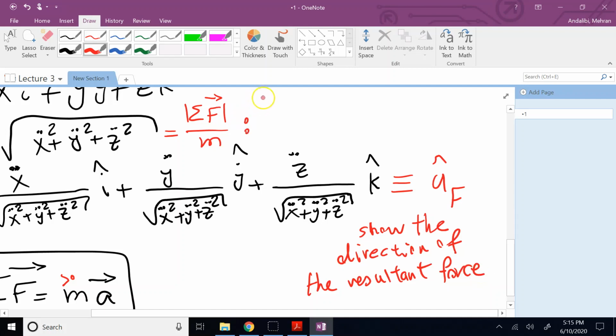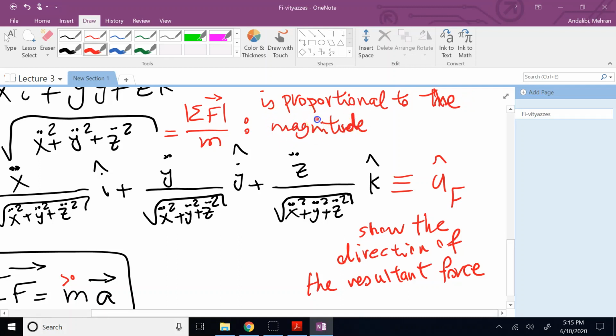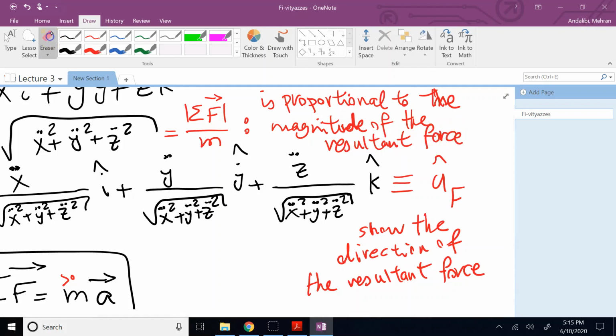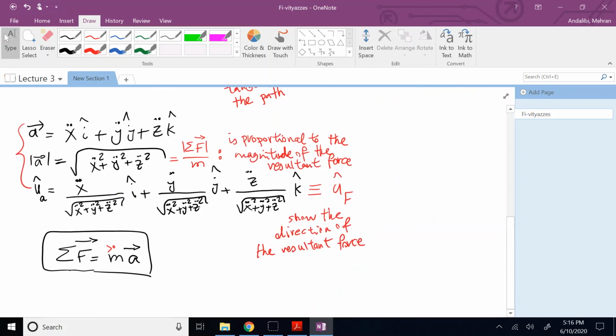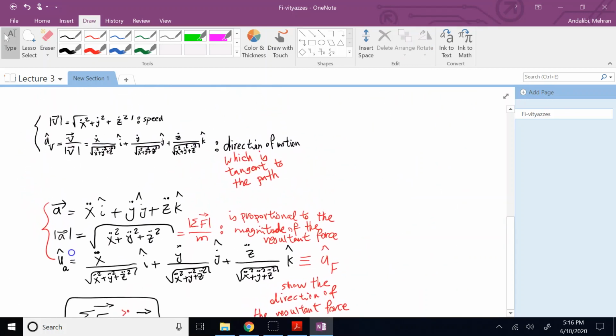This one is proportional to the magnitude of the resultant force. So it's not equal to that, it's proportional to that, and the reason is we are dividing it by m. Okay, so these are also important.